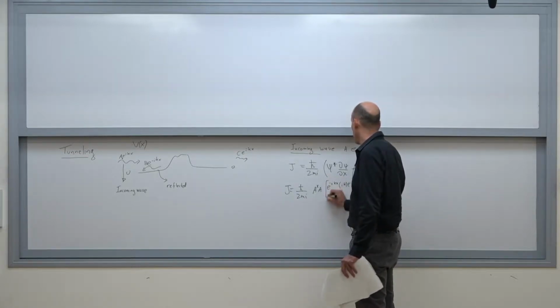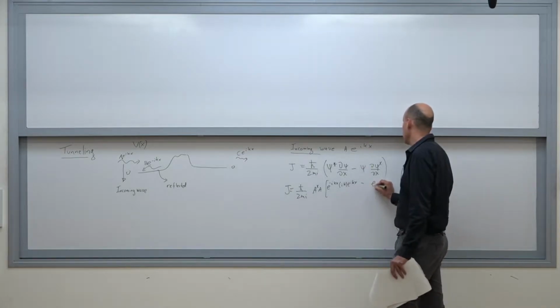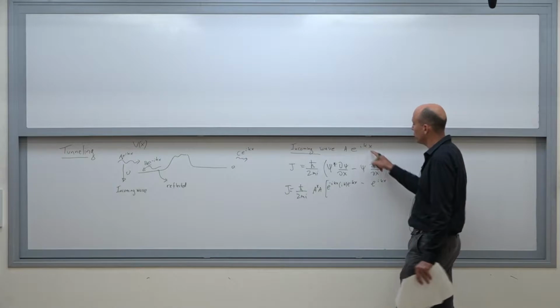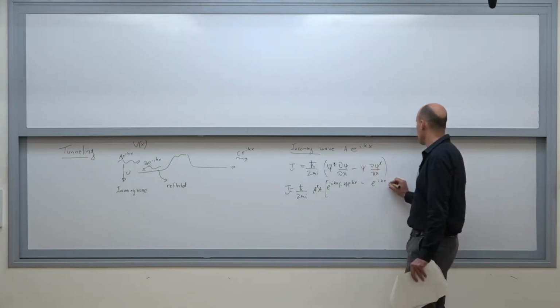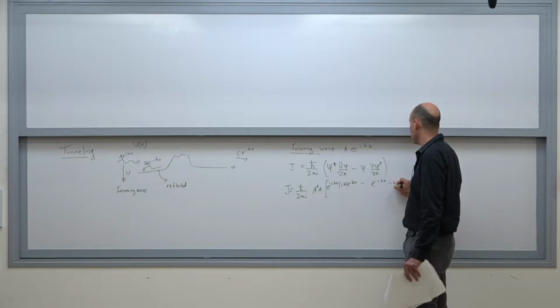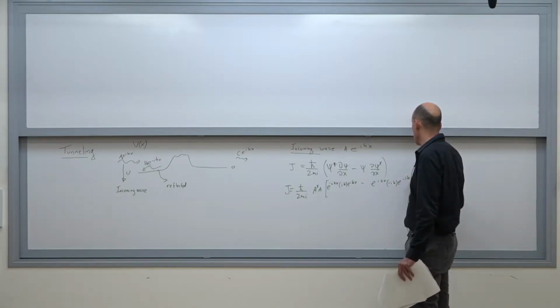Then I have minus e^{ikx} and the derivative of the complex conjugate, which has a minus here, so I get minus ik e^{-ikx}.